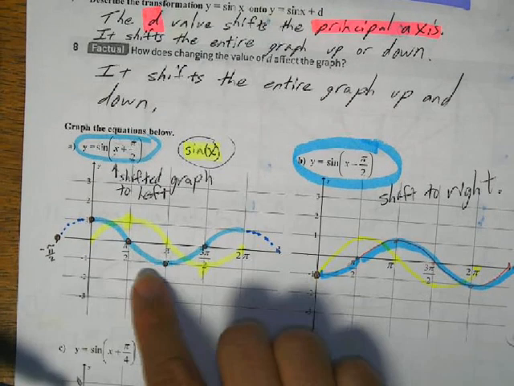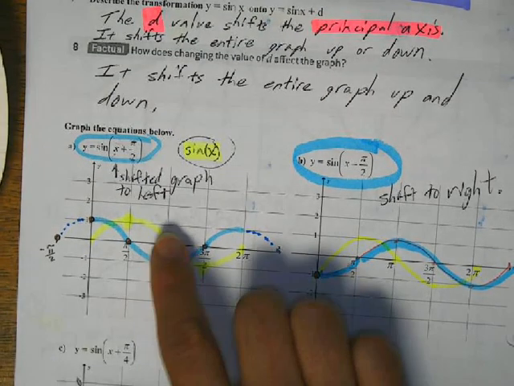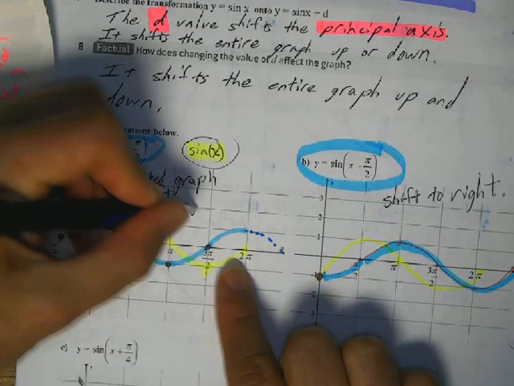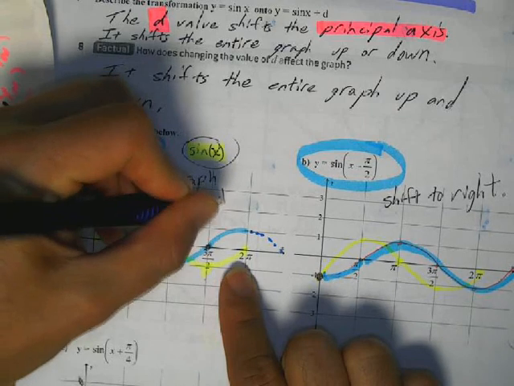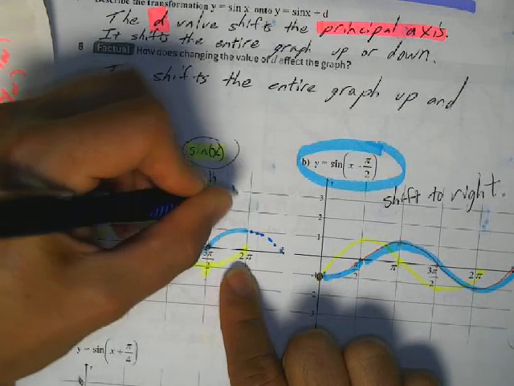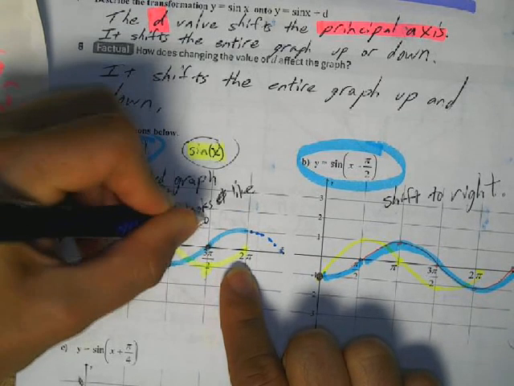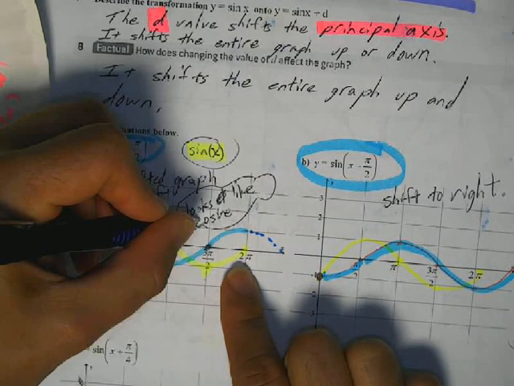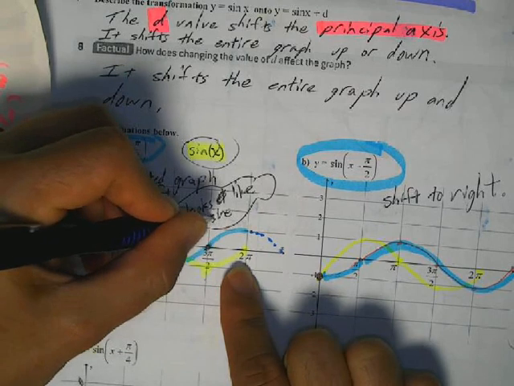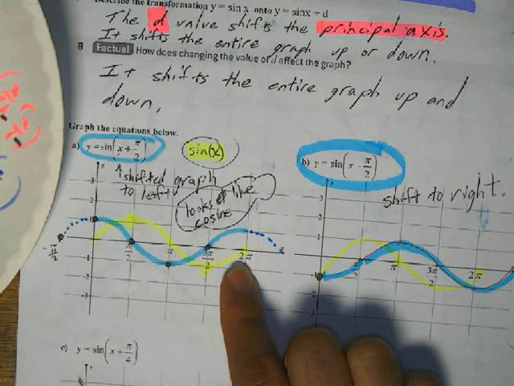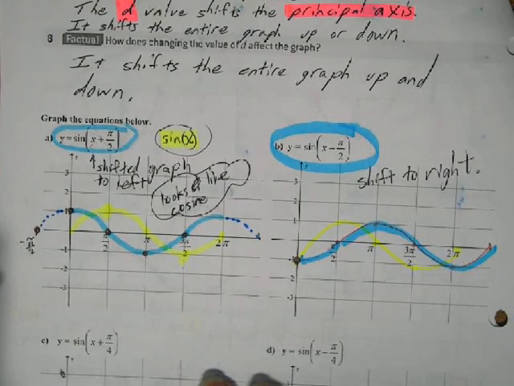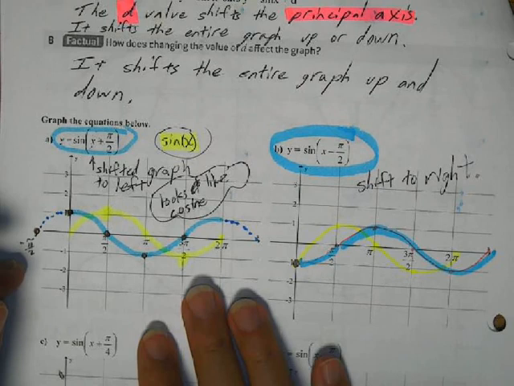Okay. Now, this blue graph, you may notice, looks like a cosine wave. Looks like cosine, doesn't it? So in future college math classes, you may have to convert sine waves to cosine waves, and you would have to do this sort of thing.